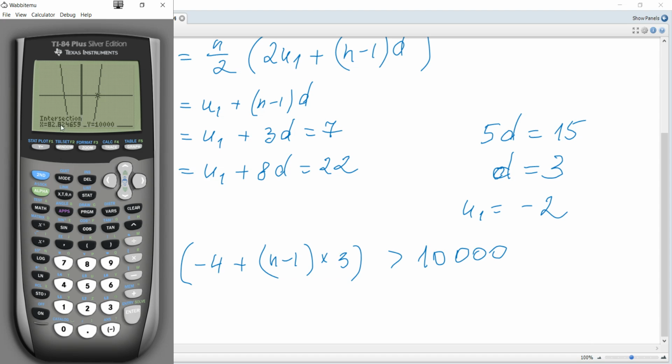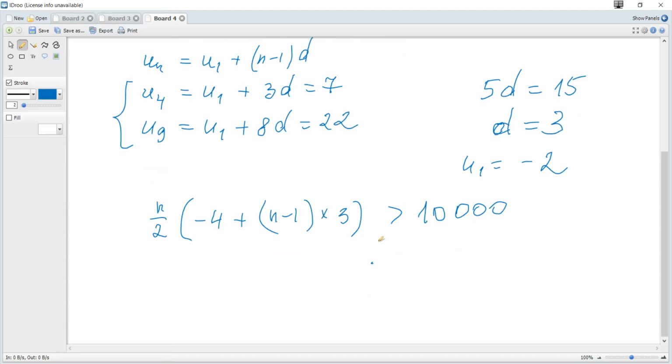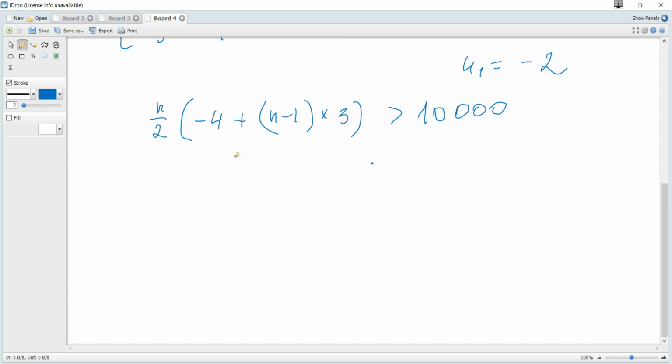And it's 82 point something, but the value of the function must be greater than 10,000, and n is a positive integer, so we round up to the first integer, so it's 83. So n is 83.